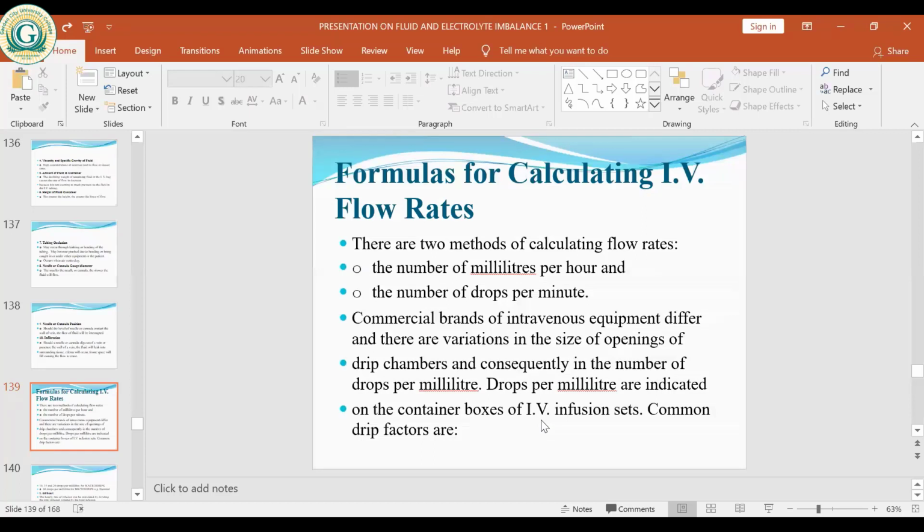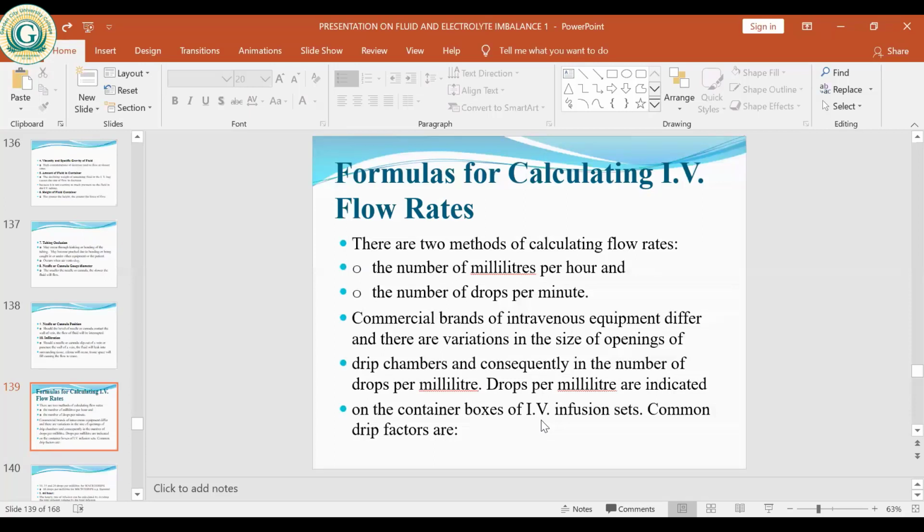Commercial brands of intravenous equipment differ, and there are variations in the size of openings of the drip chambers and consequently in the number of drops per milliliter. Drops per mil are indicated on the container boxes of the IV infusion sets. So once you take any given set, the drops per mil is indicated on it.